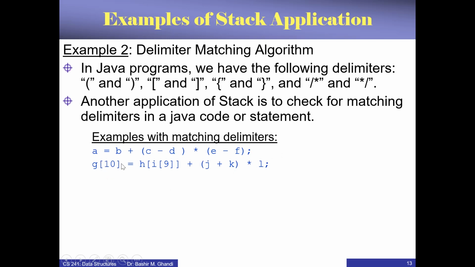Push, pop, push, push, pop, pop, push, pop. So clearly there is no issue here. And similarly here, push, push, push, pop. So it will pop this one, and then pop will pop this one, pop will pop this one, push, push, pop, and pop. So there is a matching pair in this one as well.